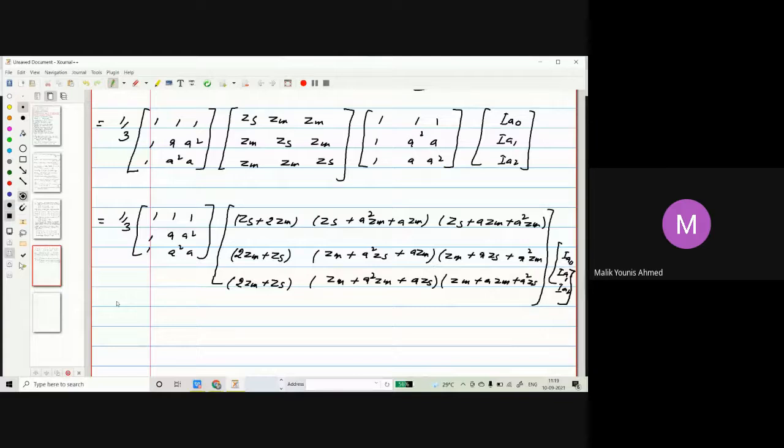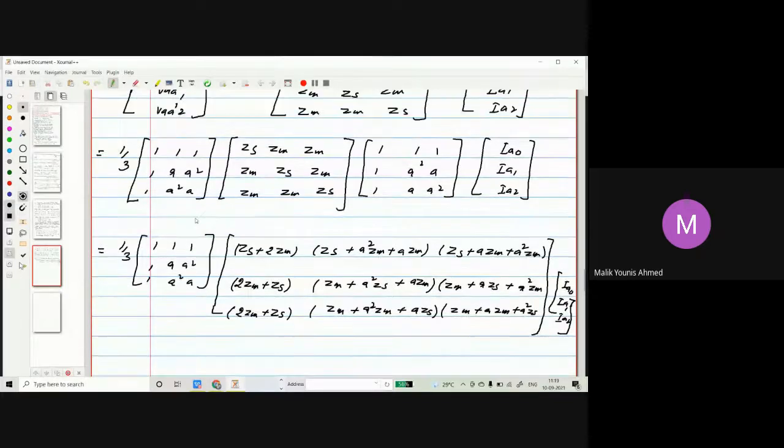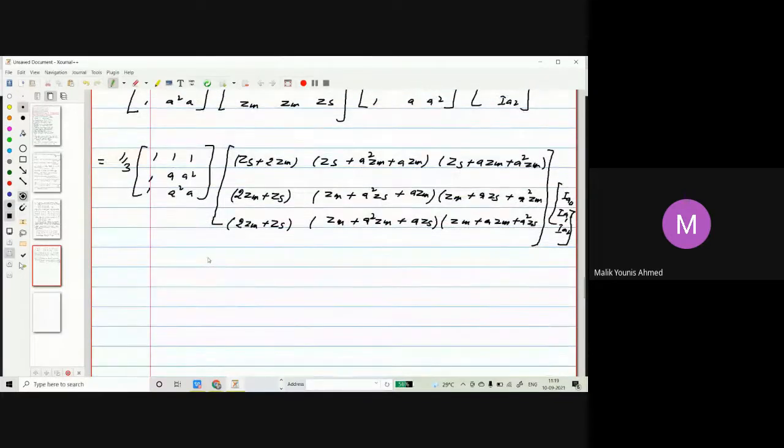So that's the last column I'm writing. Now, you can see this ZS plus 2ZM here. This 1 plus a square, we can take it common, and we can leave it and further multiply it by 1 by 3.